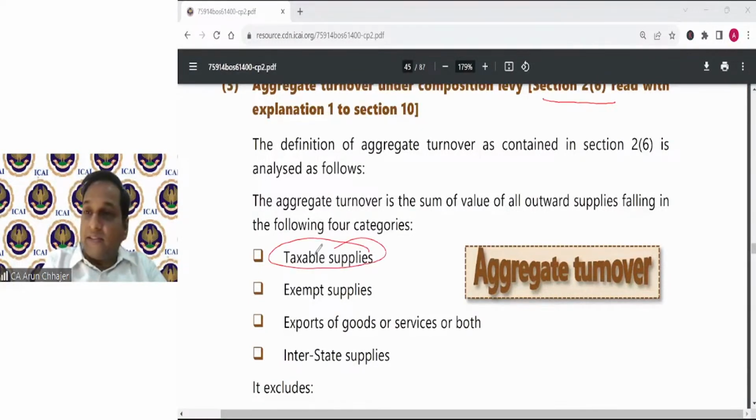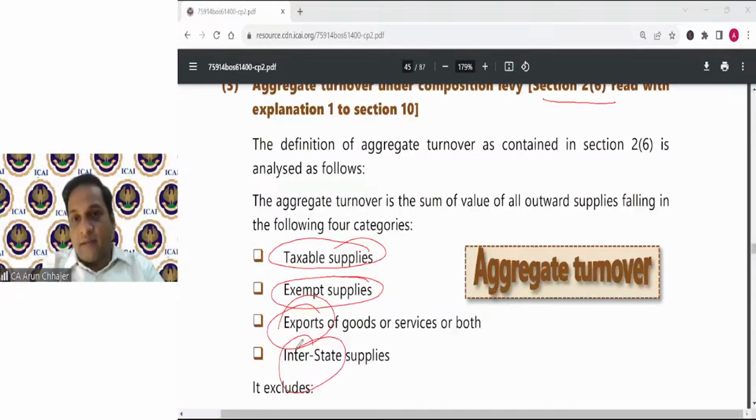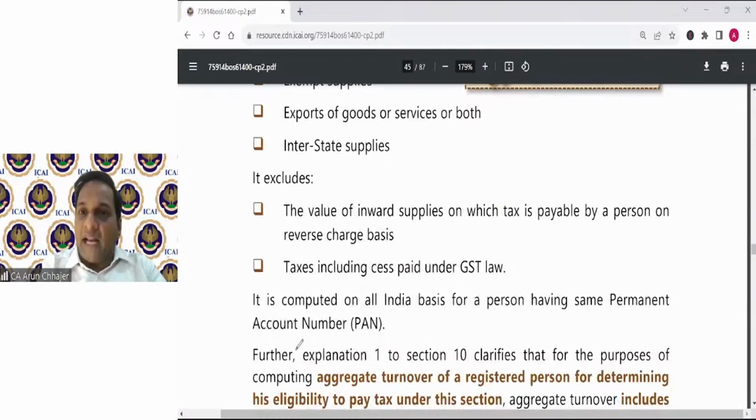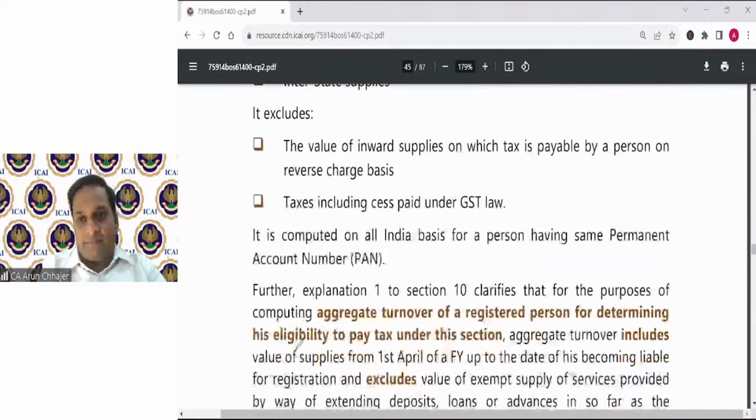All taxable supplies, all exempted supplies, all exports, all interstate supplies, if they exceed the threshold limit, then you are not eligible to continue in the composition scheme. What is the lower limit? Sir, the lower limit is the same as, you remember, we have read in section 22 subsection 1 or section 24.